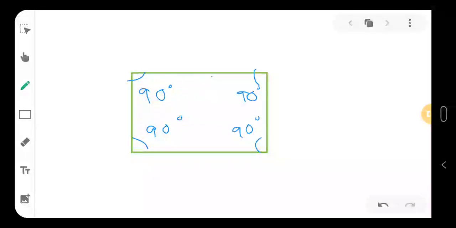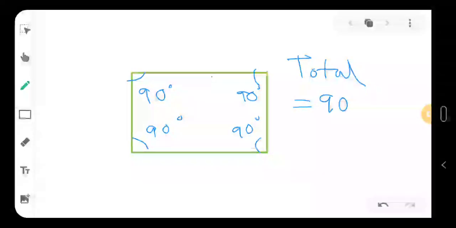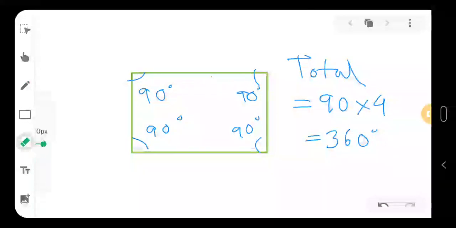So that means the total angle is nothing but 90 into 4, that is 360 degree. So in case of a rectangle, all of the angles are 90 degree and the total angle is 360 degree.